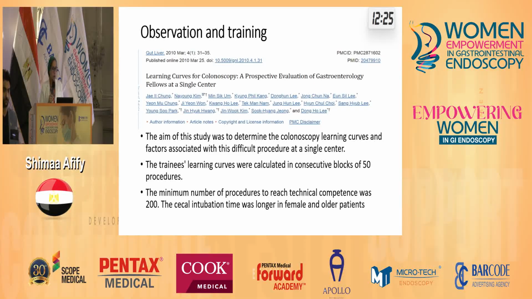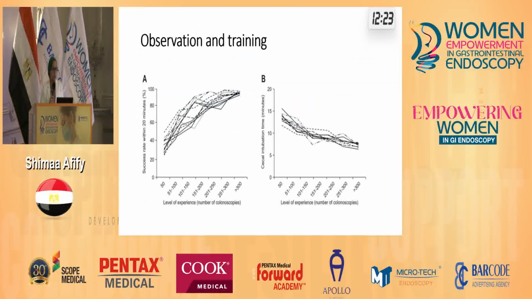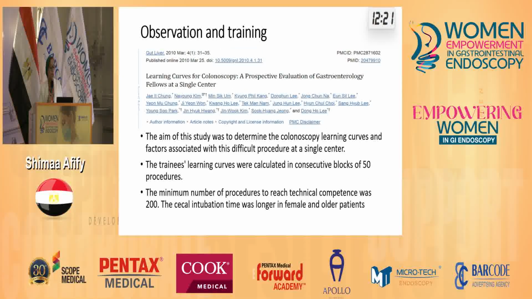This study was published in Gut 2010, and it aimed to determine the colonoscopy learning curves and factors associated with this difficult procedure at a single center. They showed that the minimum number of procedures to reach technical competence was 200 colonoscopies. The cecal intubation time was longer in females and older patients in this study.